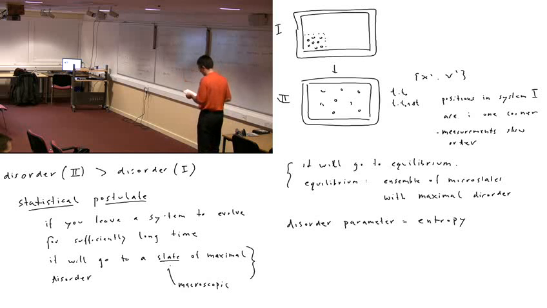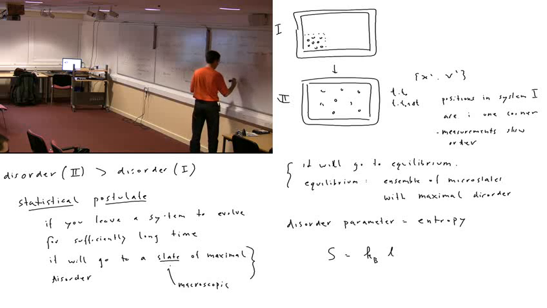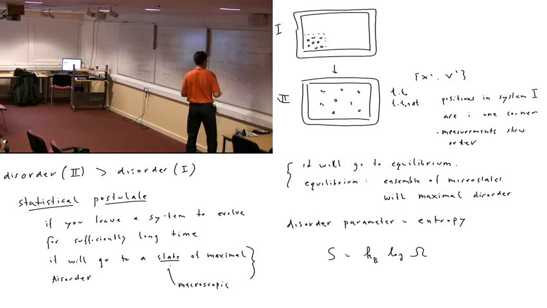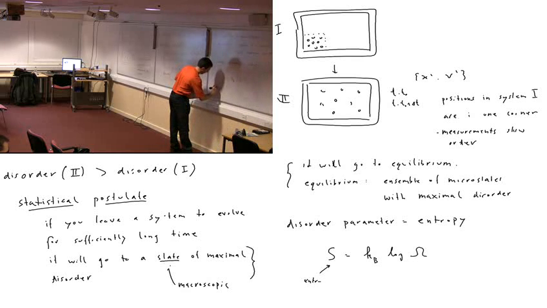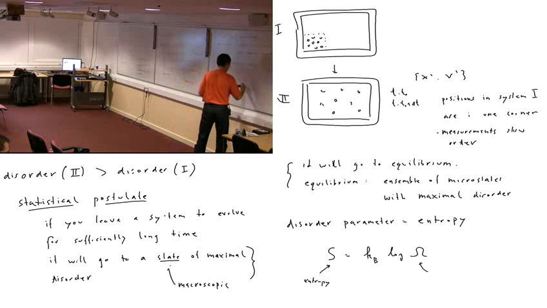And entropy is always denoted by an S, and it's formally defined as some constant times the logarithm of the number of microstates. So this is entropy. Kb is the Boltzmann constant again, and this is the number of microstates.